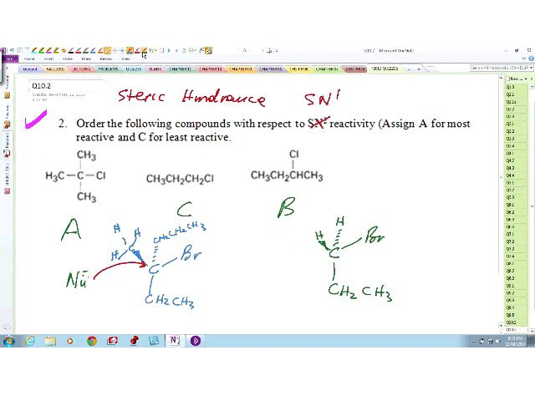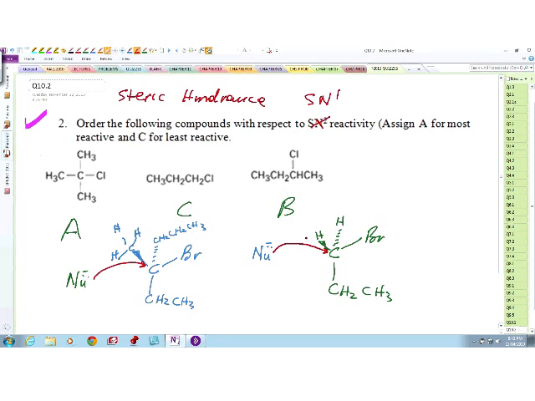As opposed to, if you have this, if you have the nucleophile coming here, the approach to this will not be as hindered as in the case of the tertiary, because all you have is just hydrogen atom. So that is why tertiary substrates do not lend themselves to SN2 reaction.